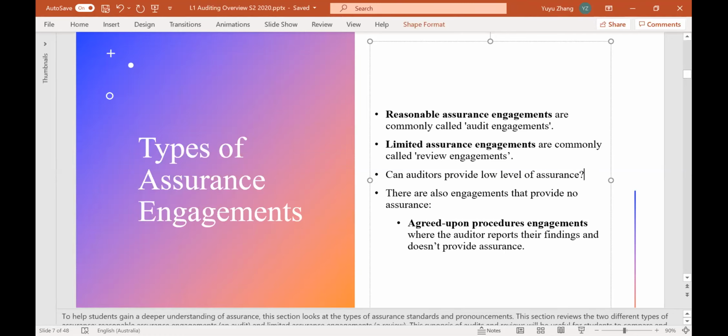Yes? Unsure. So I guess once you take this unit, a lot of you are expected to be an auditor in the future. So if you are in the audit profession, do you really want to provide a low level of assurance?